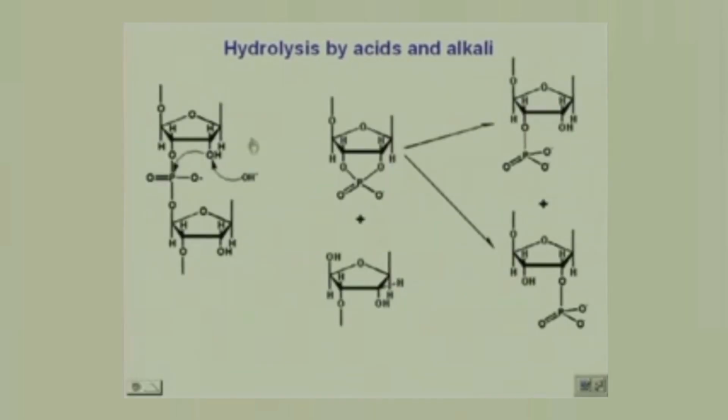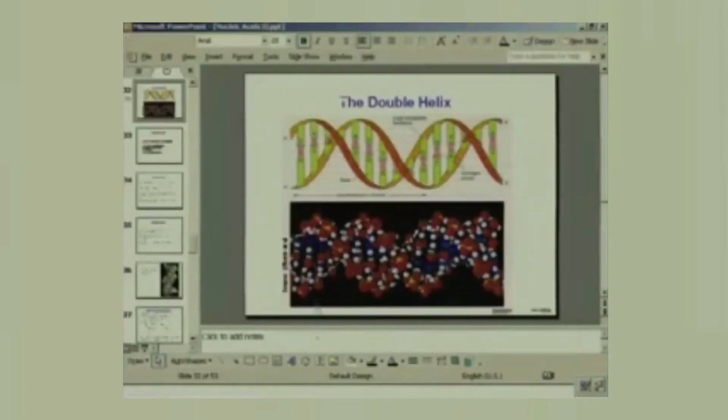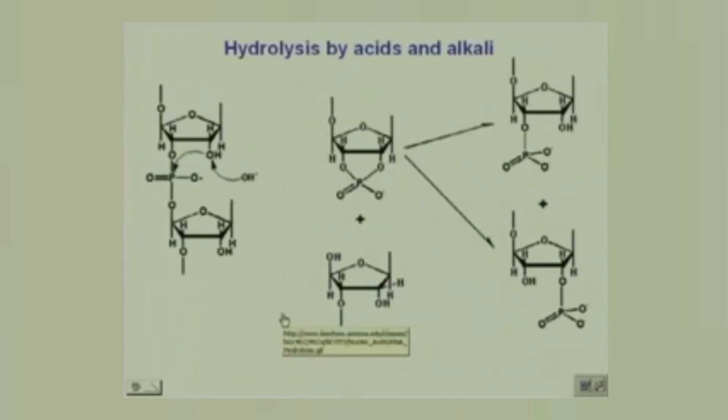What happens in RNA? This is RNA now, right. In RNA, we have the OH at the 2 prime position.